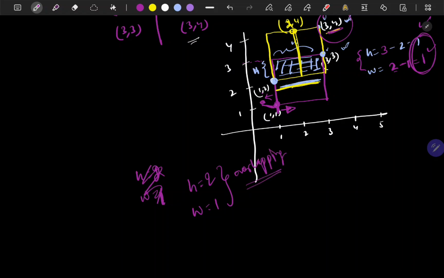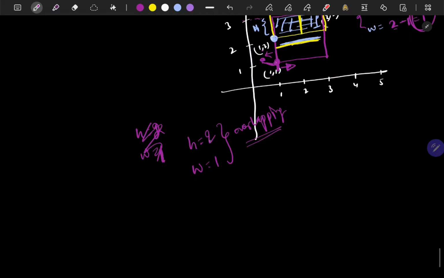But we need to find the square. So how can we make the square? If we have height 2 and width 1, then if we take the minimum of these two, we get 1. So we can have 1 as width and 1 as height, to fit an area of 1.